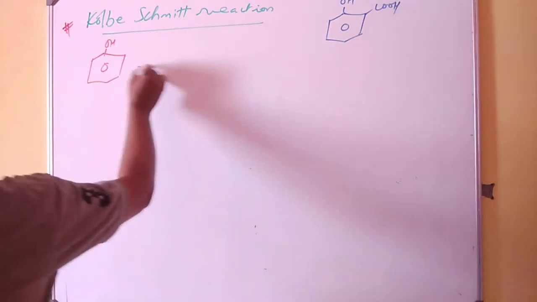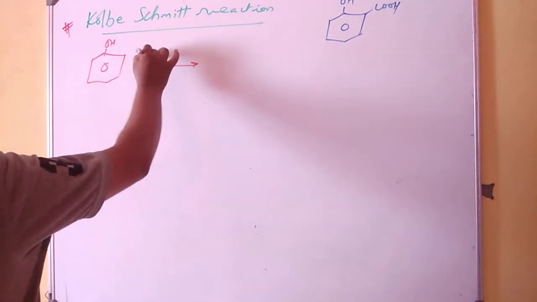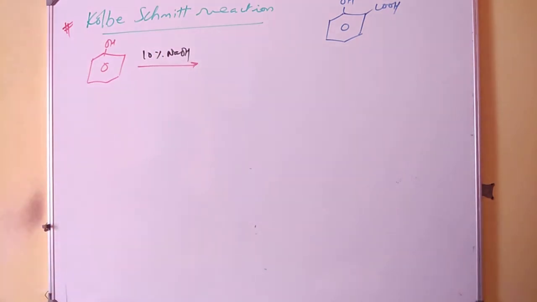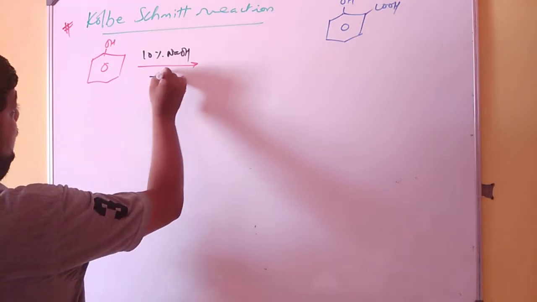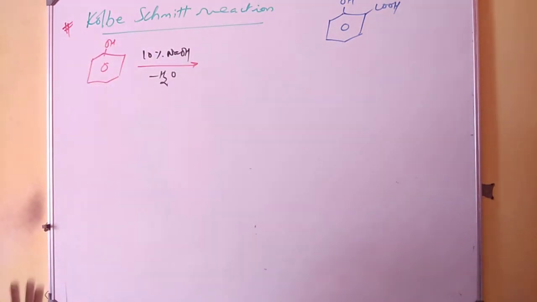Again, as it is one of the chemical properties of phenol, we will initially start with phenol, there is no doubt in it, where we will be using aqueous NaOH. Sometimes we also mention it as 10% NaOH. While using this particular step, OH from here and H from here get replaced.